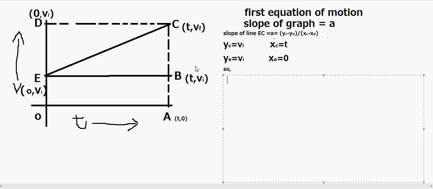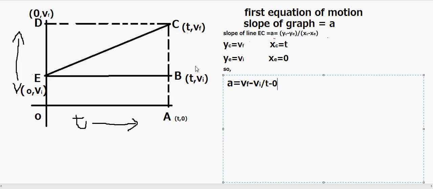So putting these values into the formula of slope, we have a equals Vf minus Vi, divided by xc which is T, minus xe which is 0.